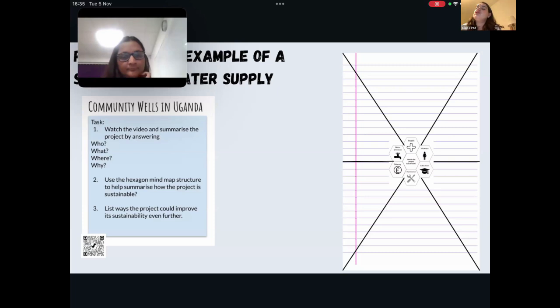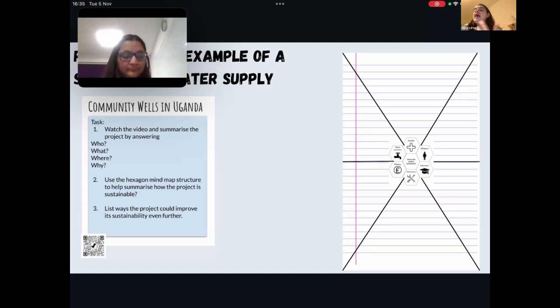So let me go through the project with you. Obviously it provides clean water, which is an issue, but we can also think about health, because unclean water can lead to lots of preventable illnesses, and having clean water helps to reduce that greatly. Also, it is a women's role in that community, in that culture, to do the water collection, often with the children as well.